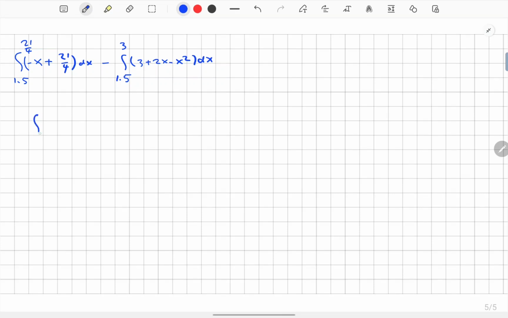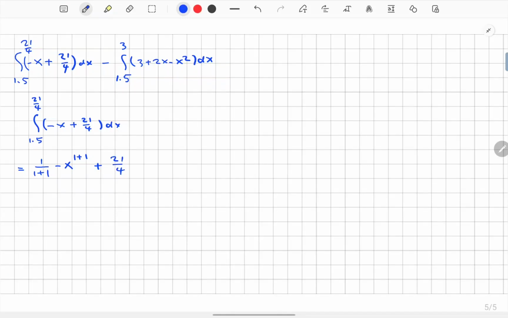Our first integral is minus x plus 21/4 with respect to dx, from 1.5 to 21/4. The power here of x is 1, so we divide by 1 plus 1, and the minus x remains the same. Then plus the integral of a constant, and the shortcut with a constant is that we simply add an x.